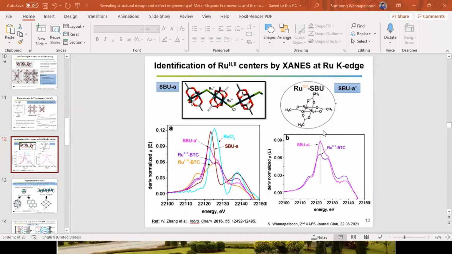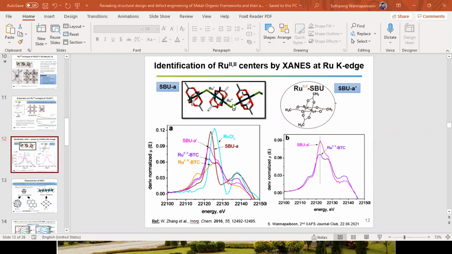Let me explain a little bit. We have basically two ways of synthesizing this ruthenium MOF. The first one, using SBUA here, starts with ruthenium 2,2, and in both cases we have chlorine as a bridge between the clusters.